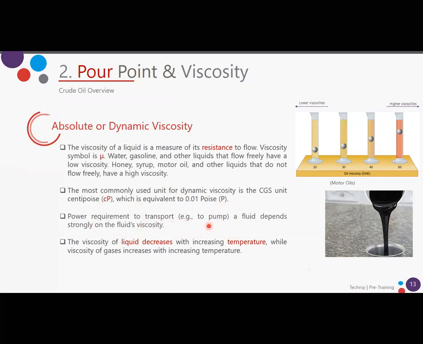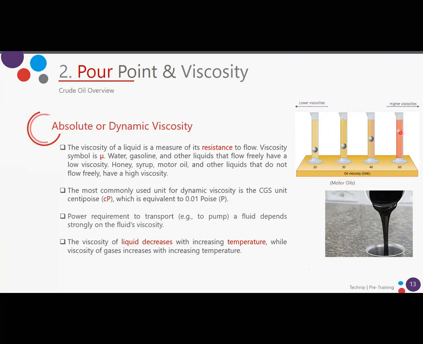So how does viscosity vary with temperature? The viscosity of a liquid decreases with increasing temperature. But for gases, the viscosity increases with increasing temperature, not like in liquids. Here we can see an experiment with motor oils of lower and higher viscosity.